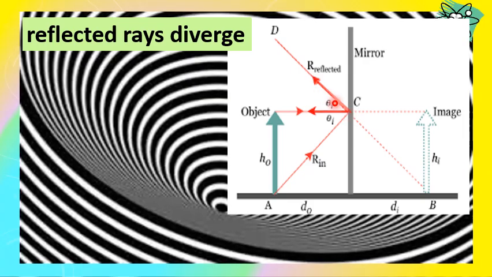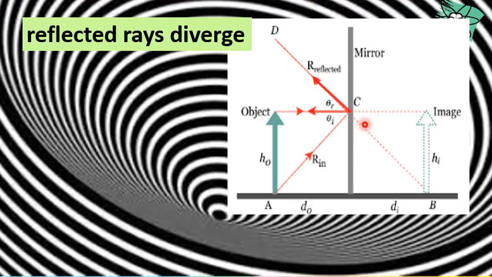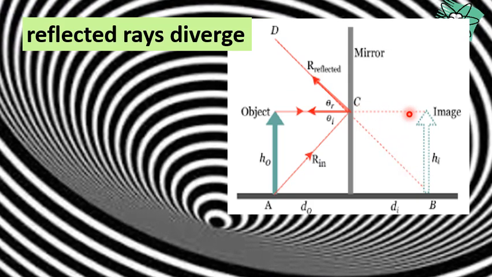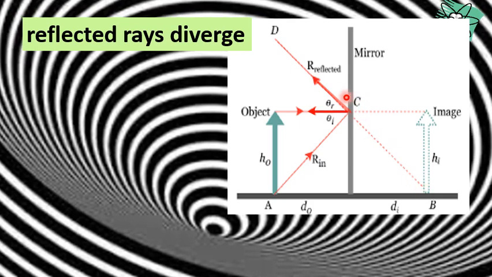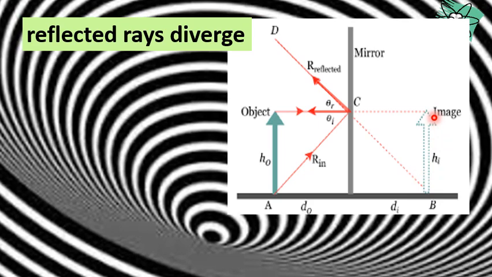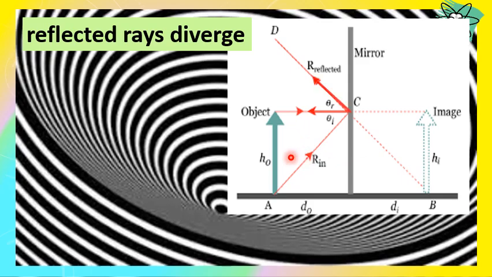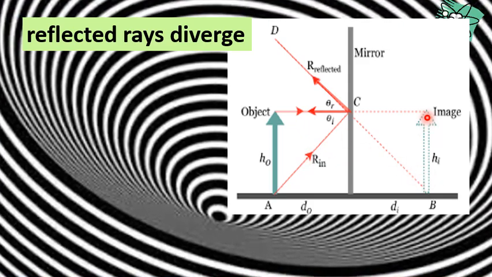And when these reflected rays are extended beyond the mirror, as represented here by the broken line, then we will be able to locate the image of this object formed behind the mirror, right?